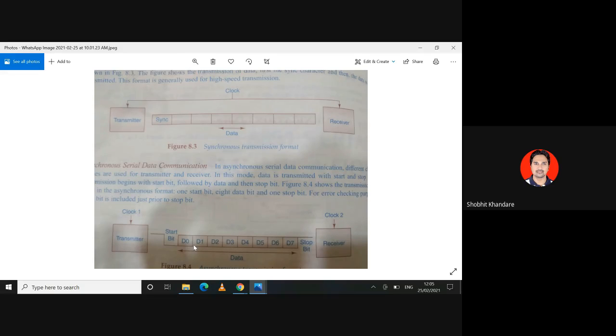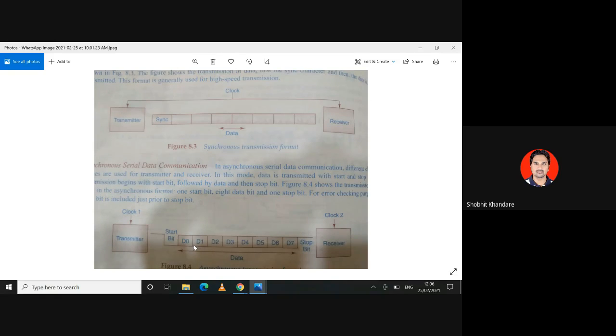Baud rate is purely for the data transmission. In synchronous, I am transmitting one byte in the form of serial communication: first bit, second, third, fourth, fifth, sixth, seventh, eighth.